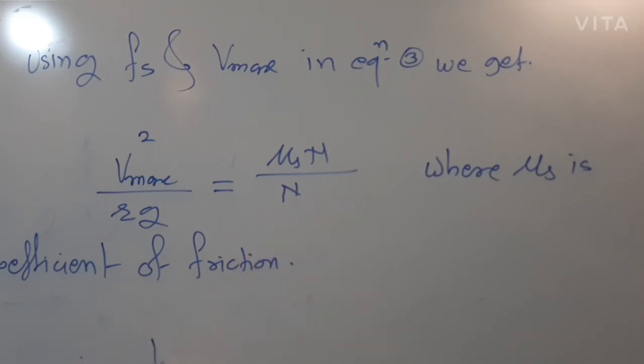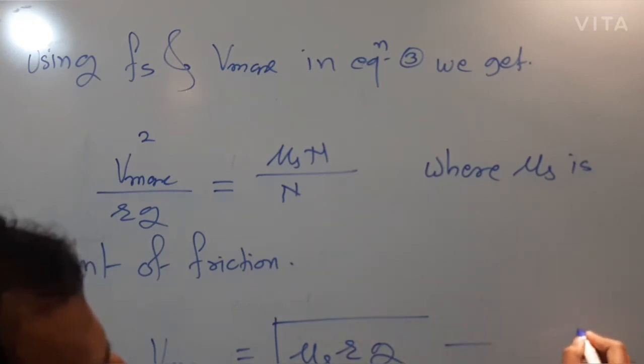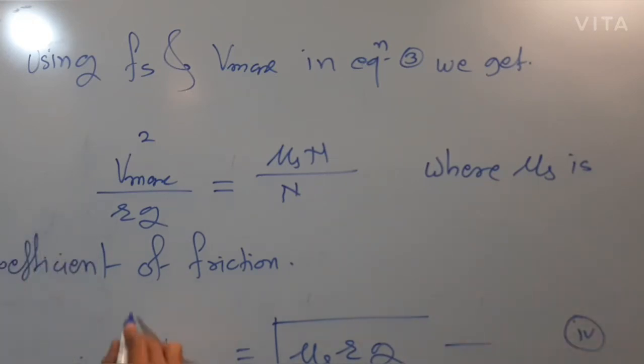And therefore v max is equal to square root of mu s into rg. This is our fourth equation.